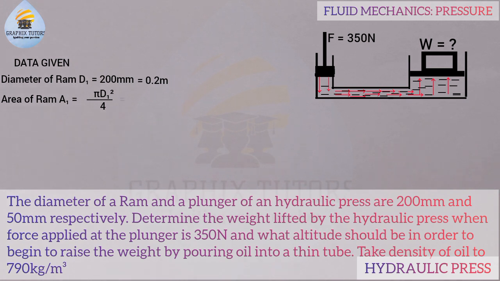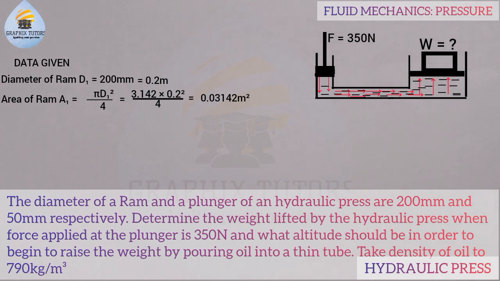If you input your parameters here, we know our pi is given as 22/7, which is equivalent to 3.142, multiplied by the diameter of the ram, which is 0.2, raised to power 2, divided by 4. So the answer here will give us 0.03142 meter square, because area is measured in meter square.